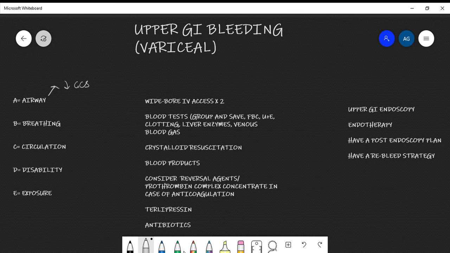Similarly, for breathing, again, in most patients, this will not be an issue, but occasionally you will get the patient who is having hematemesis, a lot of vomiting, and might have aspirated, and therefore can have trouble with the breathing.